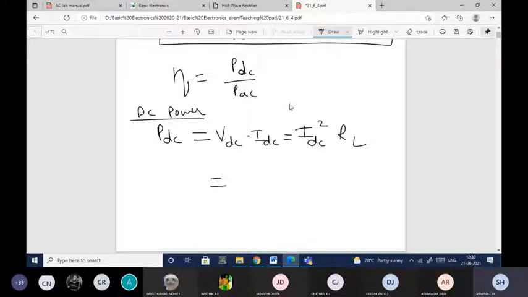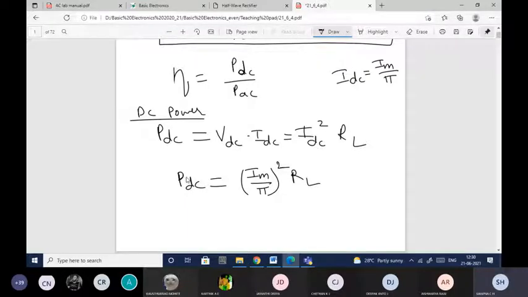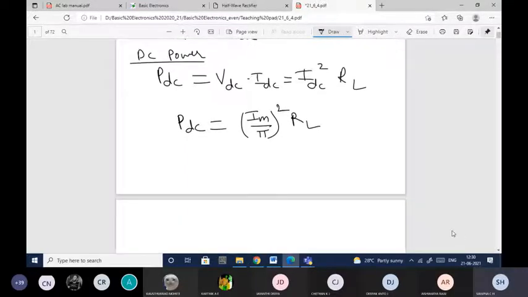So IDC we have got as Im by pi. Okay, so let me substitute that. So Im by pi whole square into RL. This is your PDC.